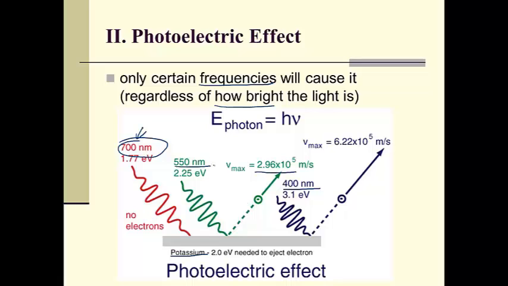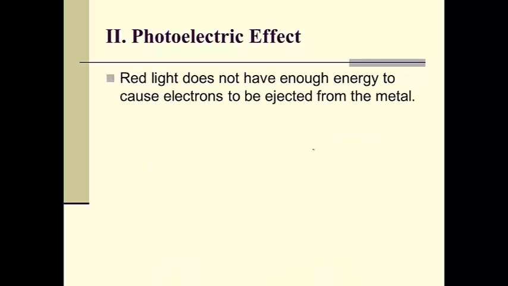If they made it brighter, they didn't come out faster. They just had more electrons shot out. Same thing with the violet light. If they made it dimmer, they did not get the electrons going slower. They just had fewer electrons. So it turns out that red light, no matter how bright they made it, didn't have enough energy to eject electrons.